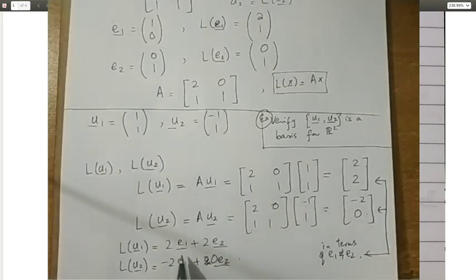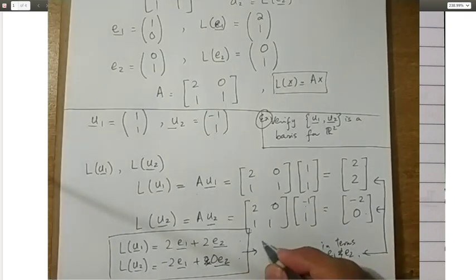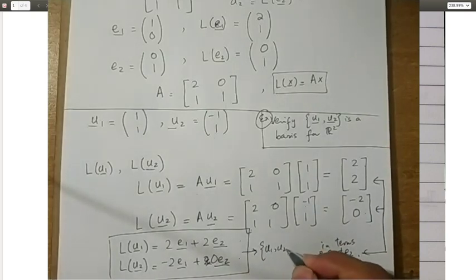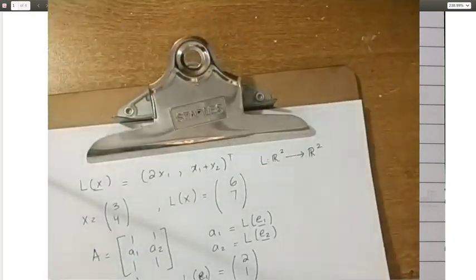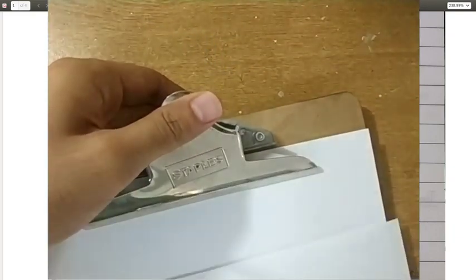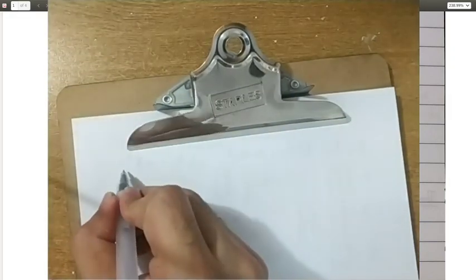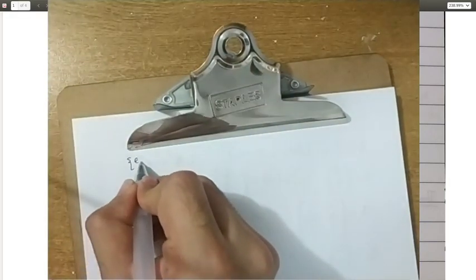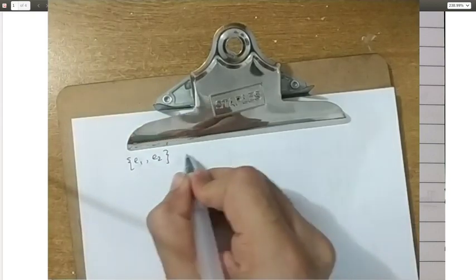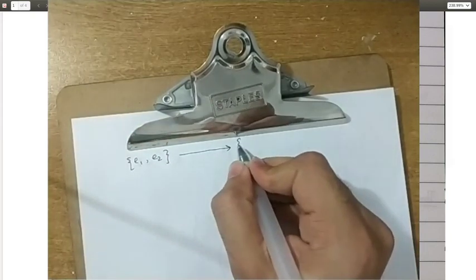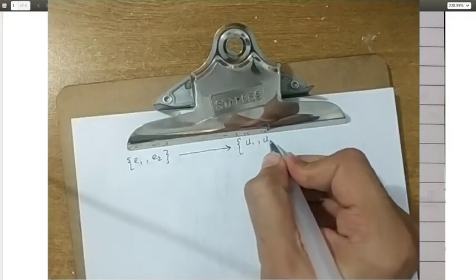But I don't want them to be in terms of E1 and E2, I want them in terms of U1 and U2. So the next step is to convert them in terms of U1 and U2. Let's see how we can do that. At this point we have the problem of taking a vector from E1, E2 and changing the basis to U1, U2.